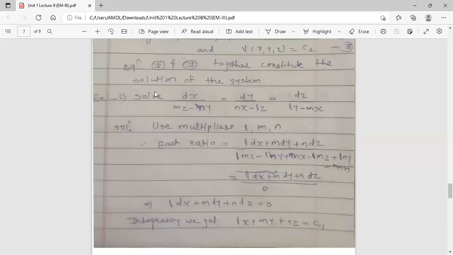Okay. Now again find the second set of solutions. Suppose the second set of multipliers is x, y, z. You multiply the numerator terms by x, y, z respectively, giving x dx plus y dy plus z dz. In the denominator also, you multiply the first term by x, the second term by y, and the third term by z.